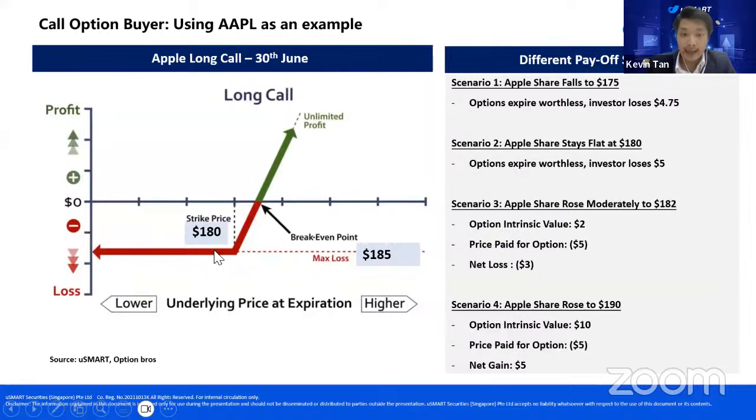And to break even from this trade, the share price will actually need to rise above your strike price plus your option price. So if there's one thing that I hope you take away from this example, it is that we have the potential for unlimited upside, and there is a limited downside in terms of just your option premium.